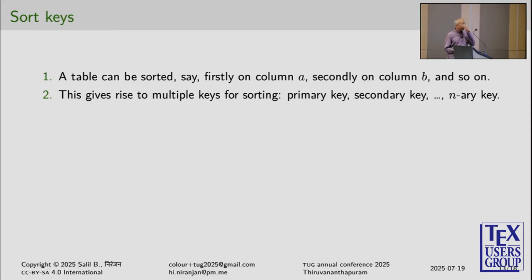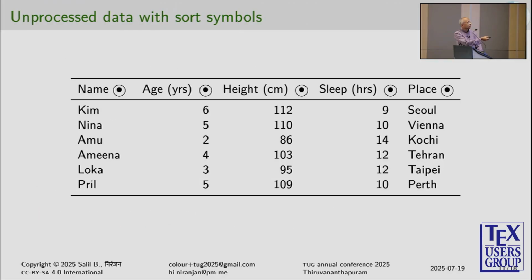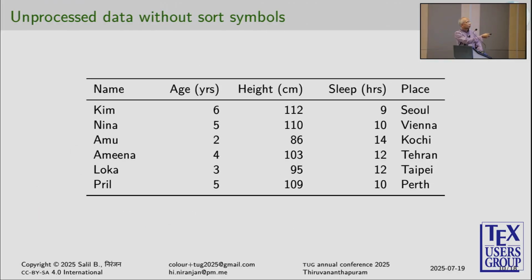Now, another thing that we could do is sort the table on not just one column, but several columns. Say, first we sort it on column A, then on column B, and so on. So Kim has age 6, height 112, sleep hours 9, and so on.